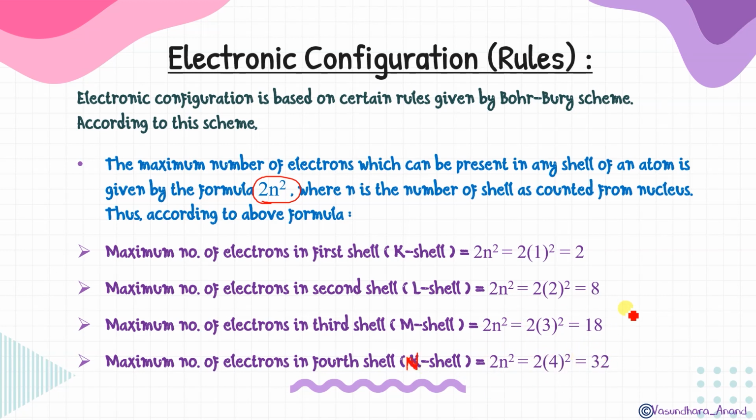This is according to Bohr's rules. Bohr has given that electrons will occupy like this: in the K shell, the maximum is 2; L will have 8 electrons maximum; M can have 18 electrons maximum; similarly, N can have a maximum of 32 electrons.